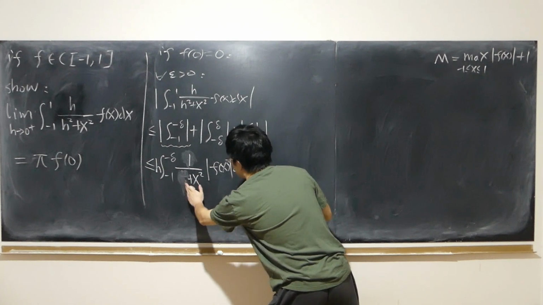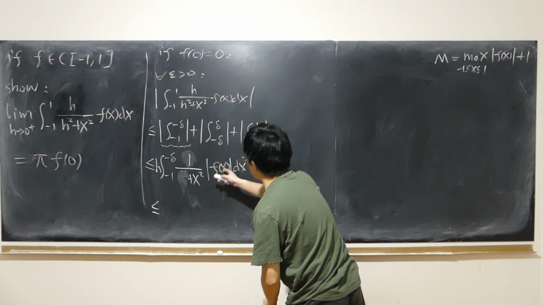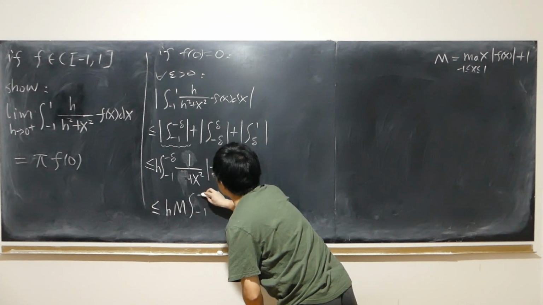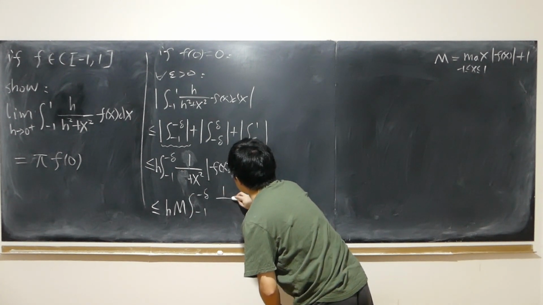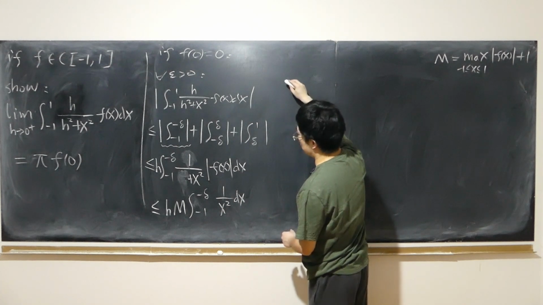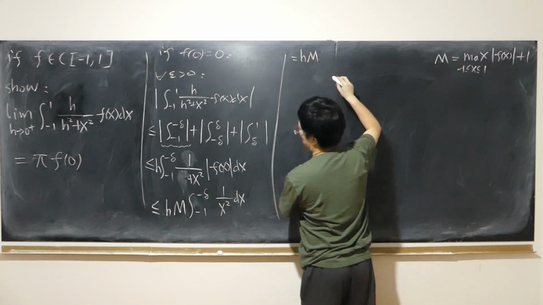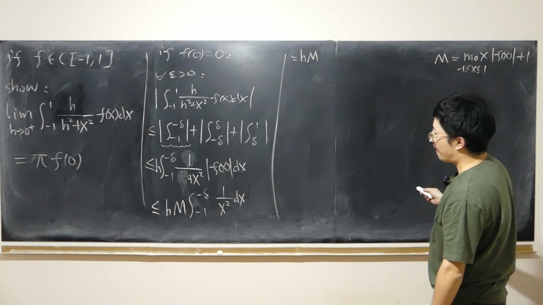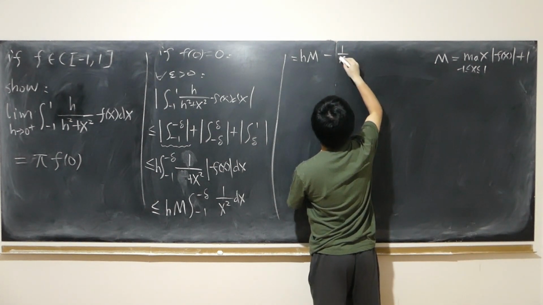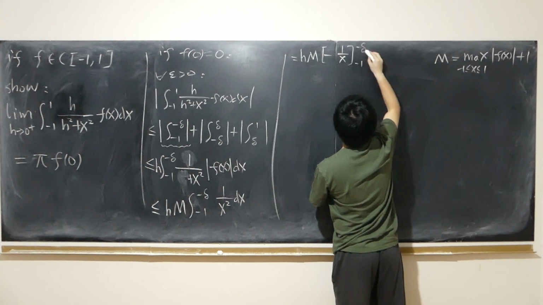So in this case, it is also no larger than M taken out: h times M, integral from -1 to negative delta of 1 over x squared dx. This integral should be easy to solve. H times M times negative 1 over x, evaluated from -1 to negative delta.